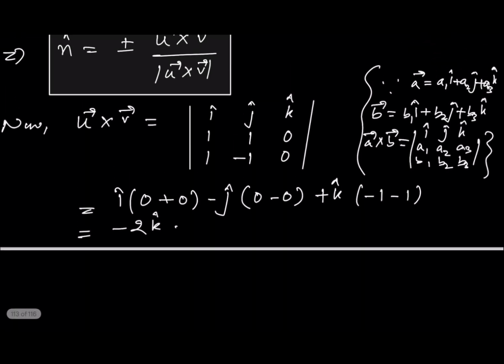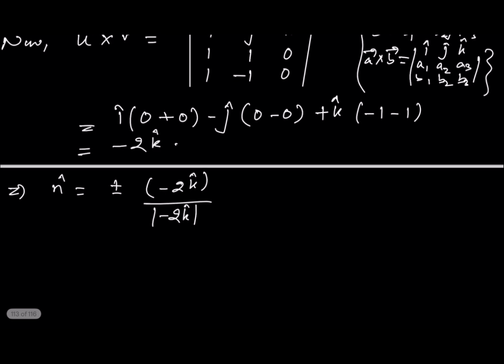So n cap is plus minus 2 k cap upon mod of minus 2 k cap. Mod of minus 2 k cap is 2.